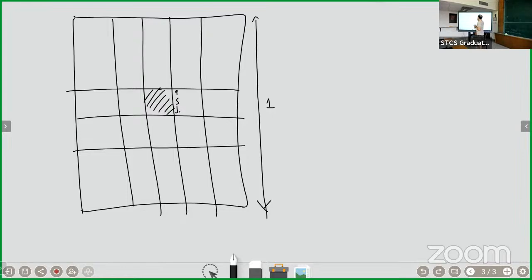If I pick s equal to log n by n, what can you tell me about the number of endpoints uniformly distributed inside?